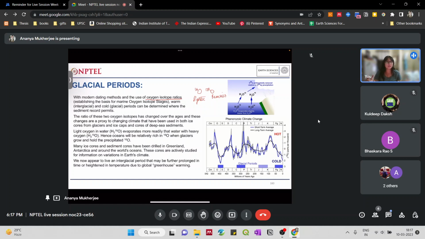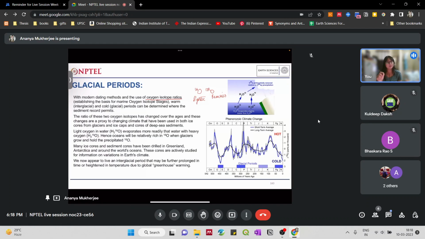So you can take samples from ice, the glaciers in the sense. They build up over ages. They have not formed in just one year or a few hundred years. They have formed over thousands of years, so they keep a record. The chemical composition of the ice keeps a record of the climatic conditions that were prevalent when that portion of glacier had formed.